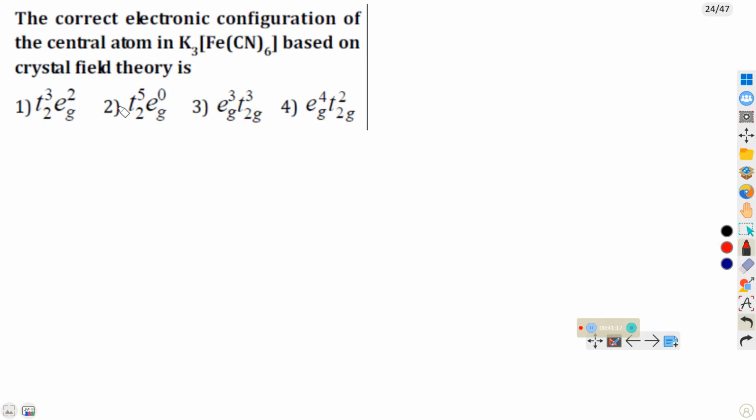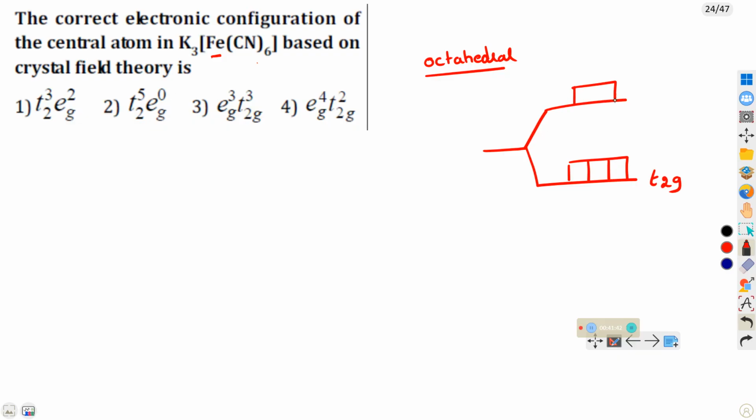What is the correct electronic configuration of the central atom in K3[Fe(CN)6]? The given complex is an octahedral complex. According to crystal field theory, in octahedral complexes, the t2g energy is low compared with the eg orbital energy. Calculate the iron oxidation state. Iron oxidation state is +3. Iron electronic configuration is argon 4s2 3d6.